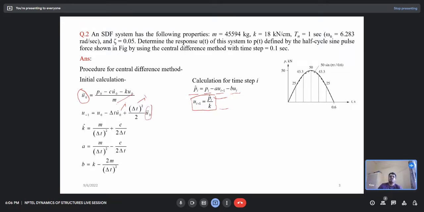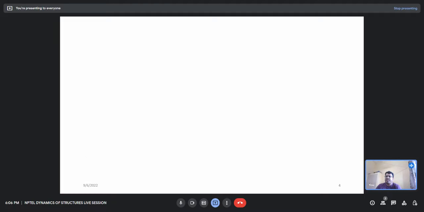In this situation, first we consider the initial condition. We consider u naught equal to 0 and u dot naught equal to 0, which means my system is at rest. For this, first we calculate the damping coefficient c. You know c equals 2 xi m omega n.